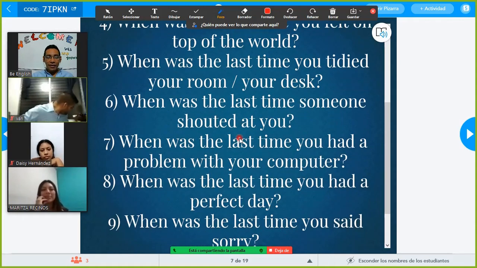Okay. Number 5, volunteer or questions about other vocabulary. Shouted, in question 6. Okay. Shouted is when a person screams or yells. They're like, what? Right? And when someone shouts at you, the guy is speaking or is screaming to you in your face.